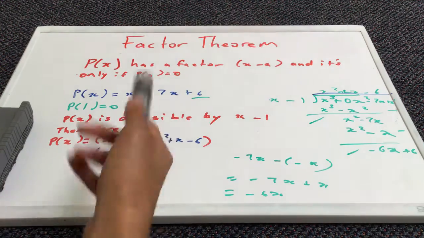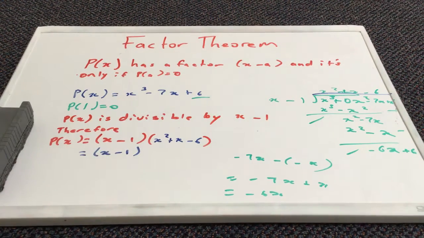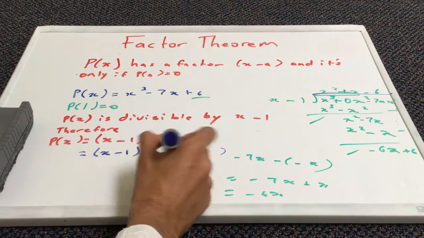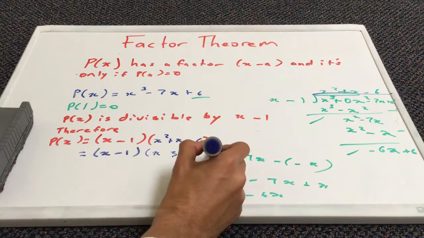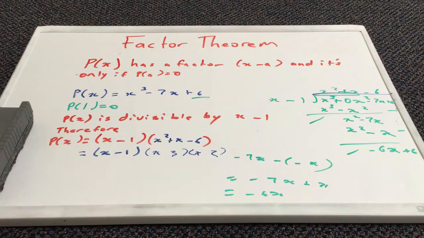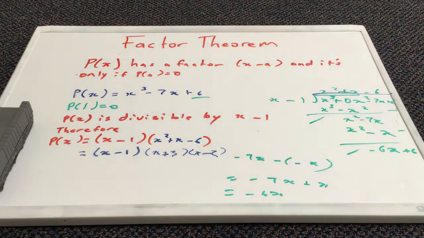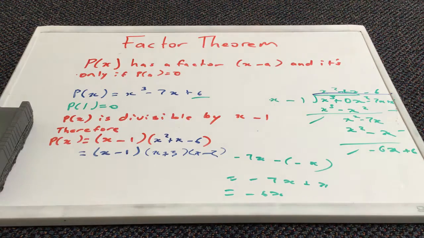It's important to expand this part of the equation, because x squared plus x minus 6 can be factorised. You take two numbers that multiply to give minus 6 and add to give 1. The only numbers that work are plus 3 and minus 2. There are plenty of methods to finding this out, just like you already know how to do. So this is your final answer: x minus 1, x plus 3 and x minus 2.